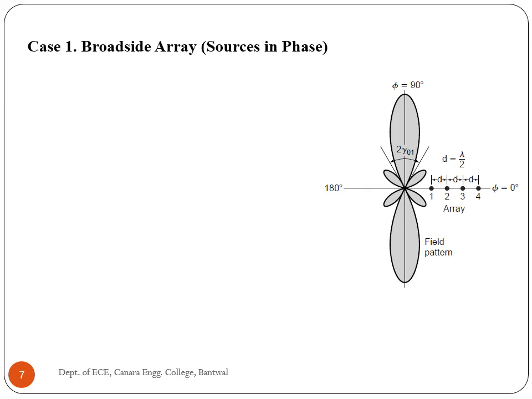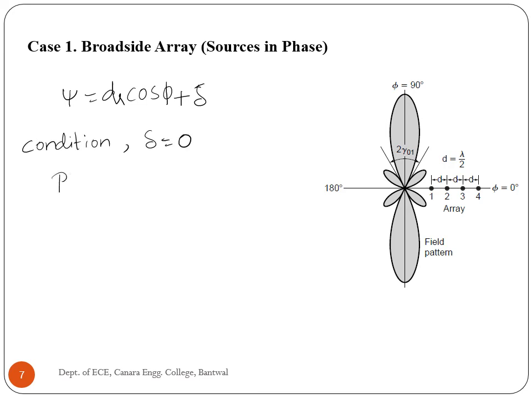Generally, the phase angle xi equal to dr cos phi plus delta. But in a broadside array system, since power is applied with equal amplitude and in phase, the condition is delta equal to 0.